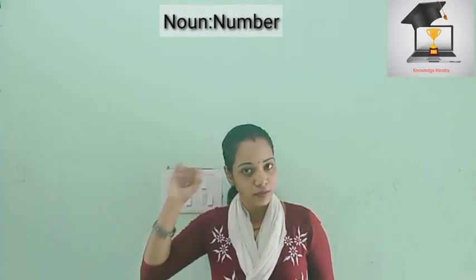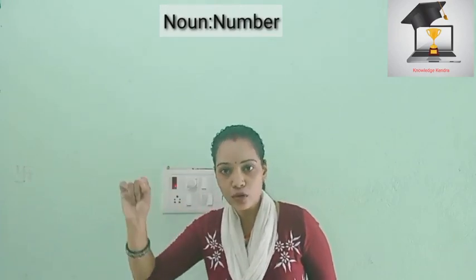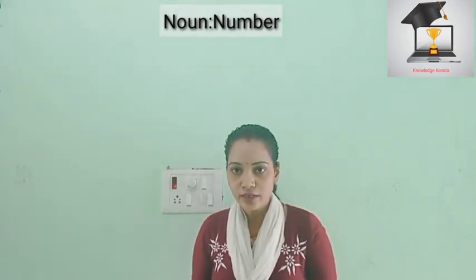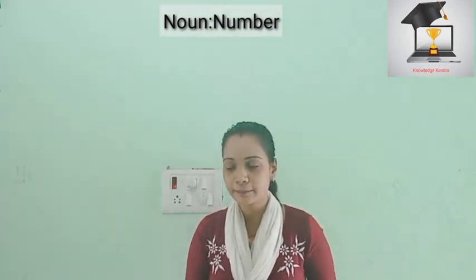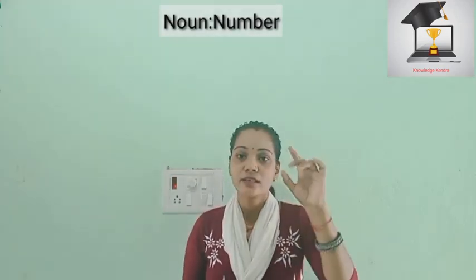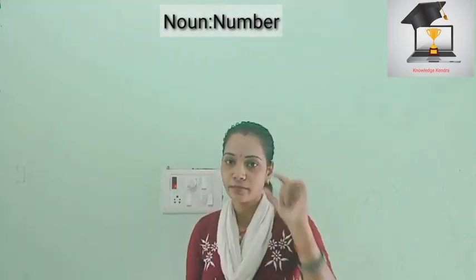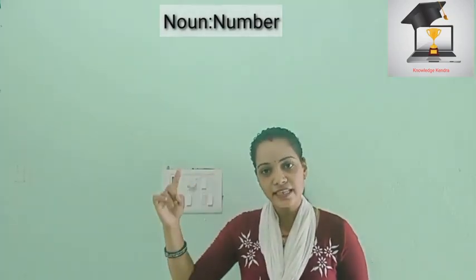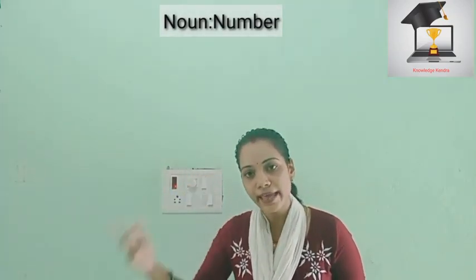You are well aware of vowels and consonants, that is a, e, i, o, u: 5 vowels, and the 21 remaining alphabets are consonants. So the word ending with a consonant, bird, d is a consonant, will take only s to make it plural, that is birds. The second example I can give is cat. At last t is there, that is a consonant, so it will be cats.